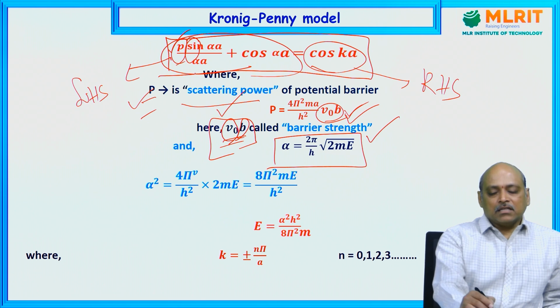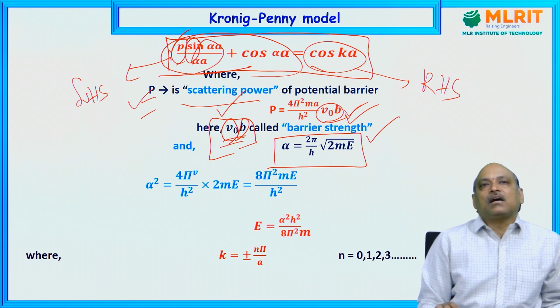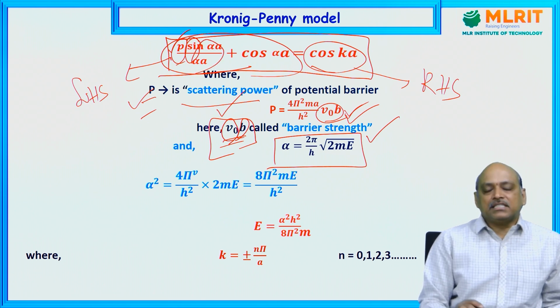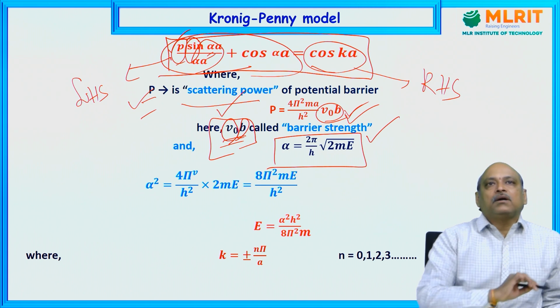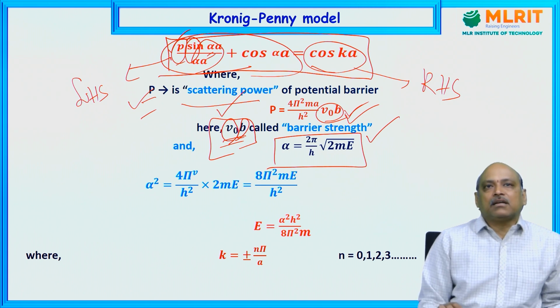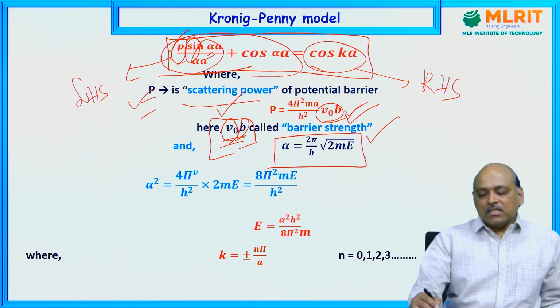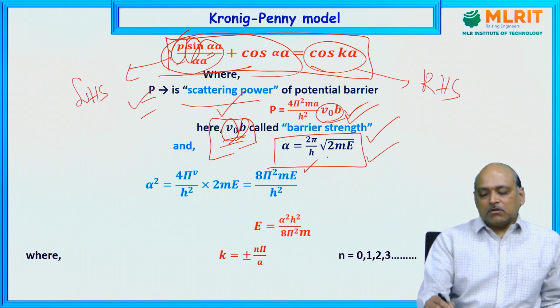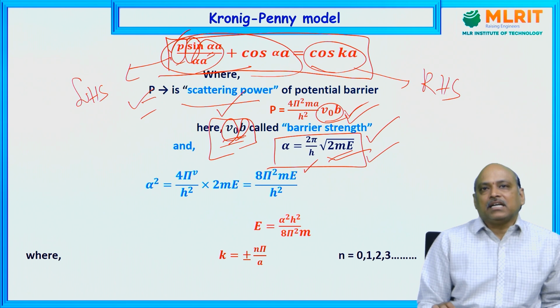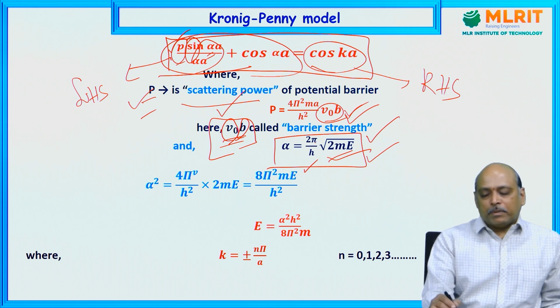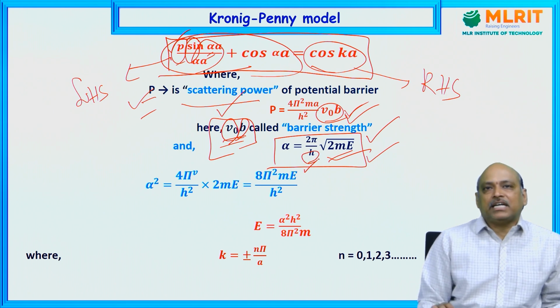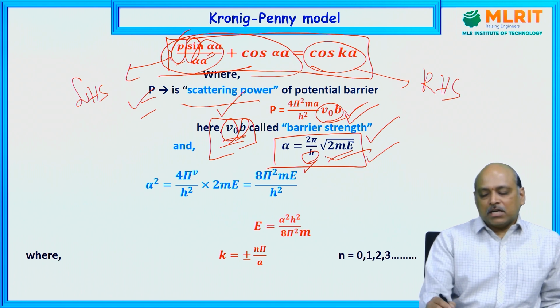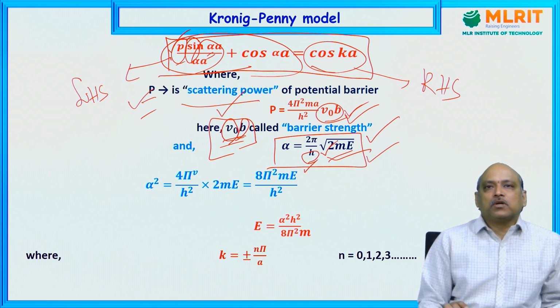Sin and cos are periodic functions, but there is one important parameter in the LHS term, that is alpha. Alpha they have calculated as alpha equals 2 pi by h into the square root of 2mE. 2 pi is a constant value. h is the Planck's constant, which we also know. The square root of 2 is also a constant.